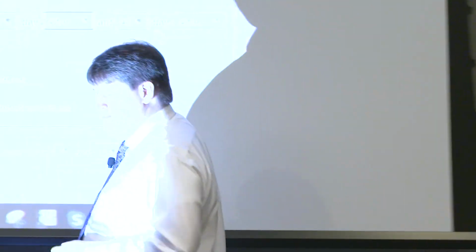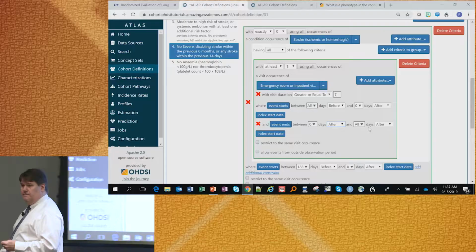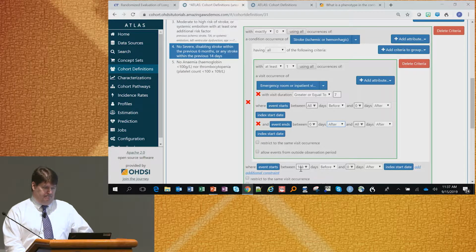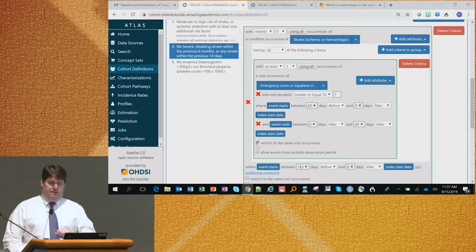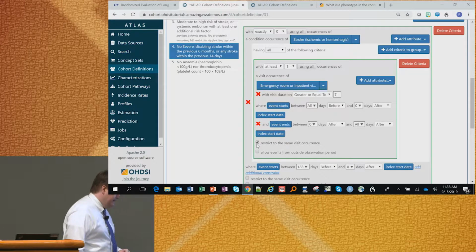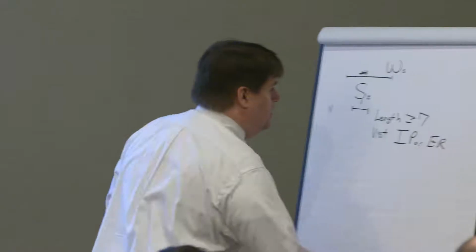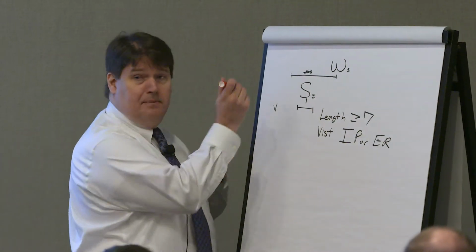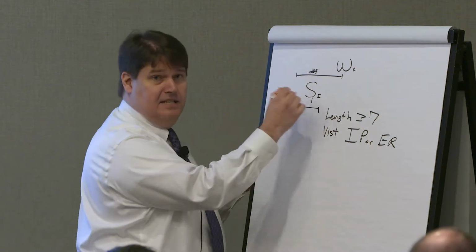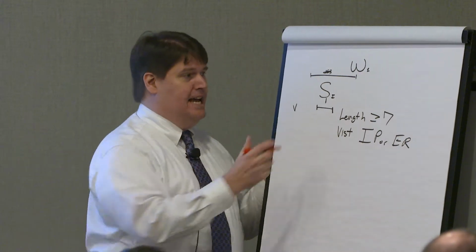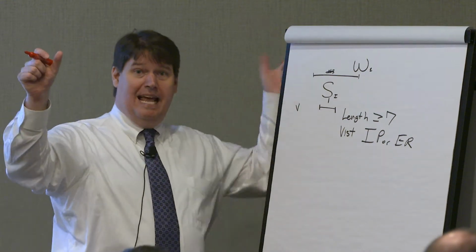So if you were to check the checkbox for restricting to the same visit occurrence, would the stroke still be windowed? Good eye, yes. Absolutely. If we check this, it would mean that the observation record that was recorded with this, there is a claims record that has the stroke coded to it. And in the CDM there is an association between a condition and a visit.